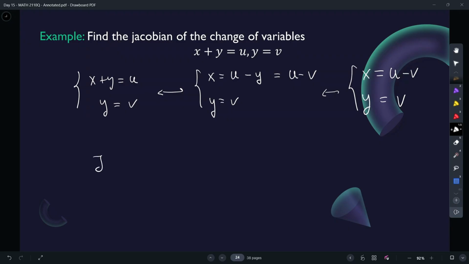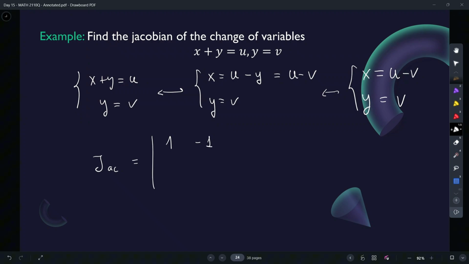So now I can figure out what the Jacobian of this is. It's going to be the derivative of x with respect to u, which is 1. The derivative of x with respect to v is minus 1.